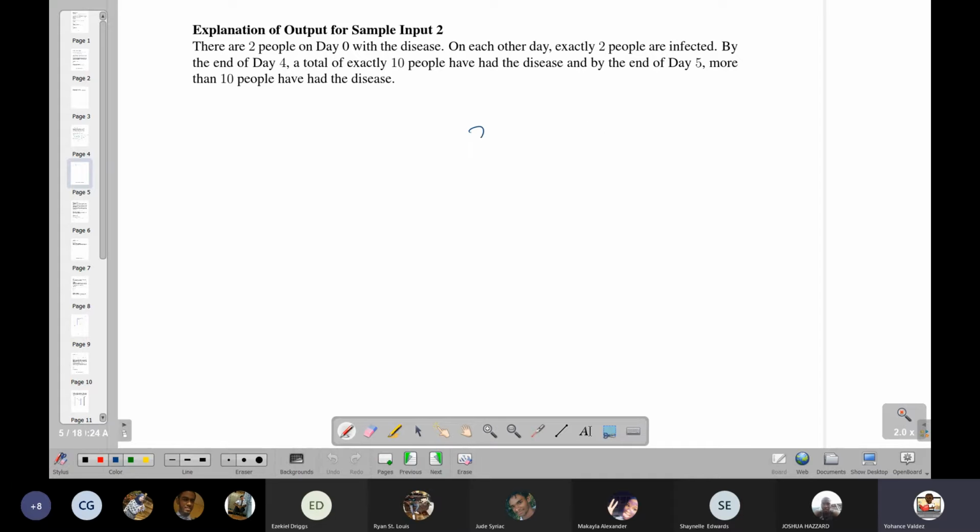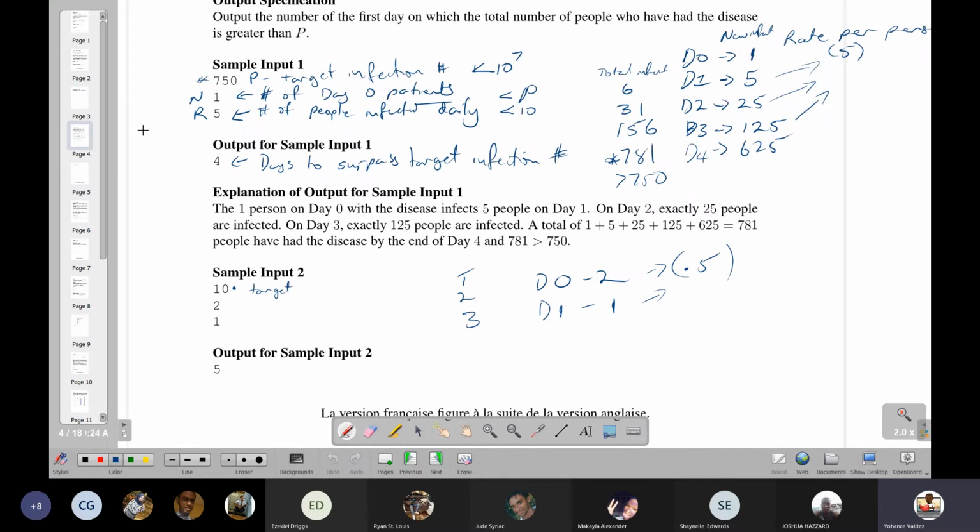We have 2 people on day 0 infected. So our total is 2 at this point. They say here, essentially, on each other day, exactly 2 people are infected. All right, they want us to work with integers alone, I suppose.